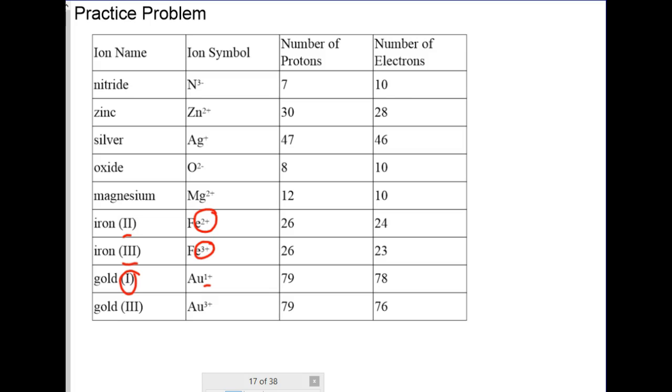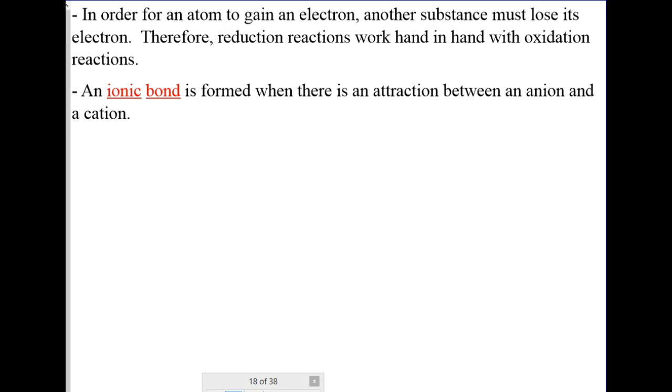That means we have to know what the -ic and -ous endings meant, and we also have to know the Latin names of the elements on the periodic table. Classical naming is still used in some places, but it's not as common anymore, which is kind of a shame because it's using the original Roman names.